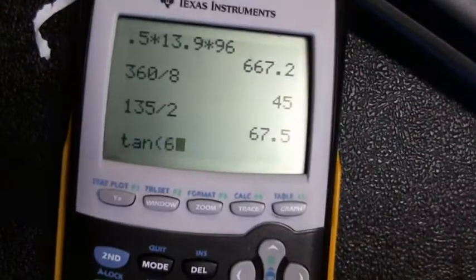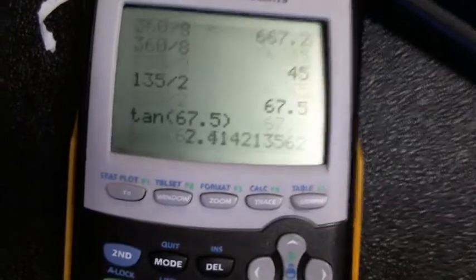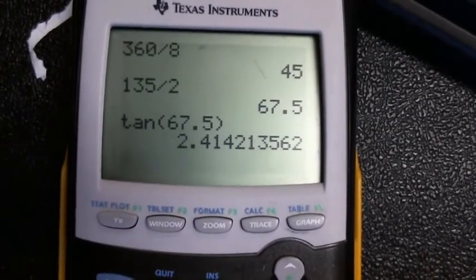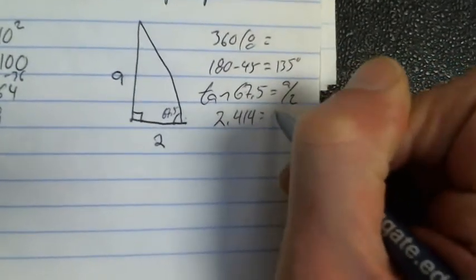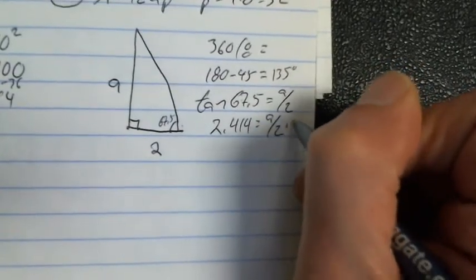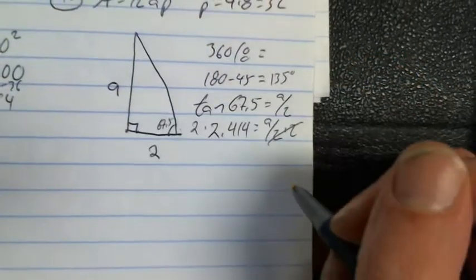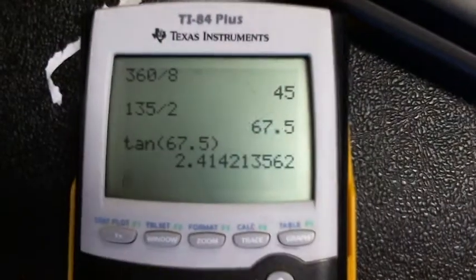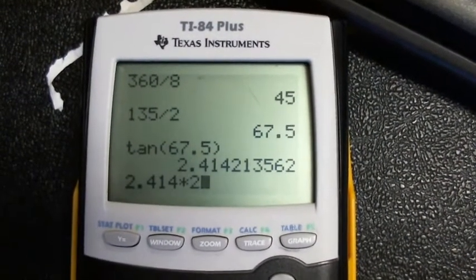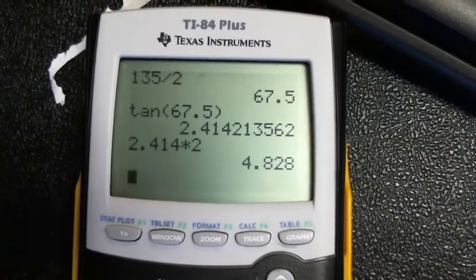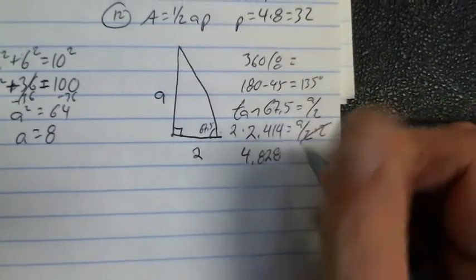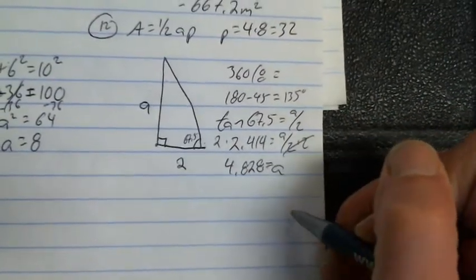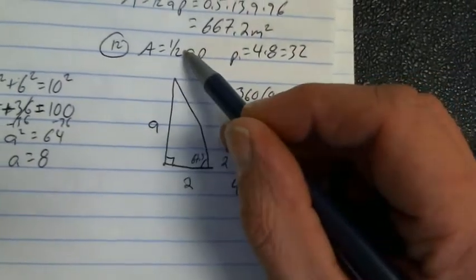If we have the degrees, plug it right into tangent. We're going to take 3 decimal places, 2.414. That's A over 2. Multiply both sides by 2 to solve for A. 2.414 times 2 is 4.828. Now we have our apothem, we have our perimeter, we can use our formula.